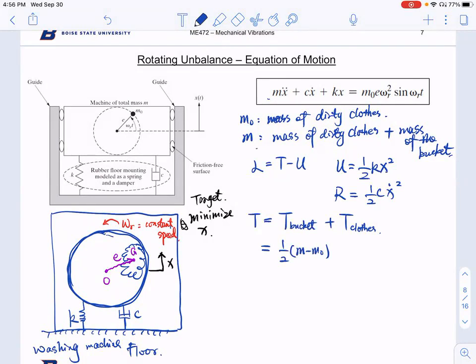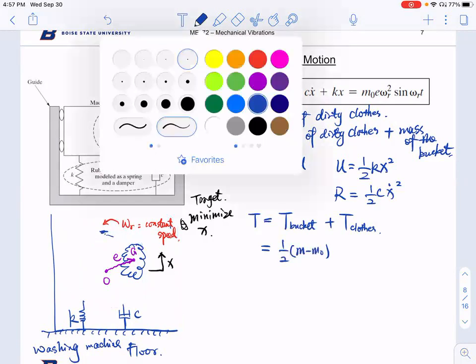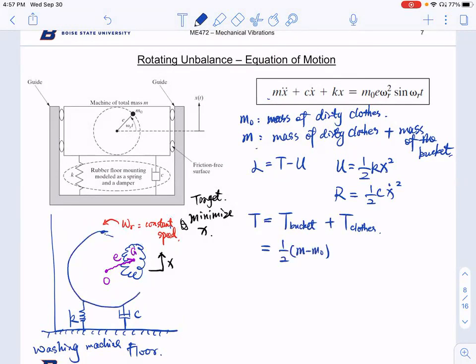As I told you before, M is the total mass, and M minus M naught is the bucket weight. In this case we assume it's moving up and down only. In practice, you're going to have another mount to support the horizontal, but we're going to simplify the discussion here. Because it's only linear motion, going up and down, that's a linear velocity.